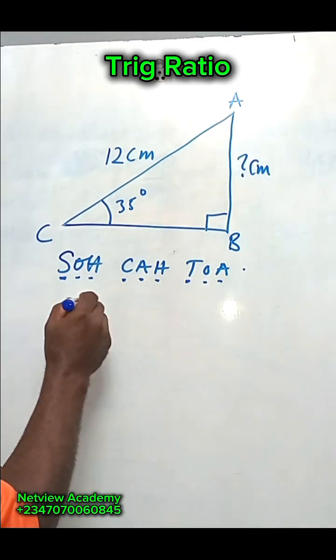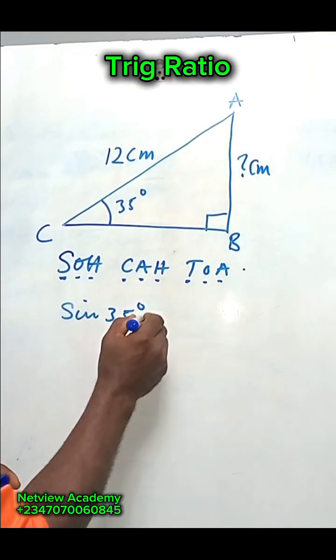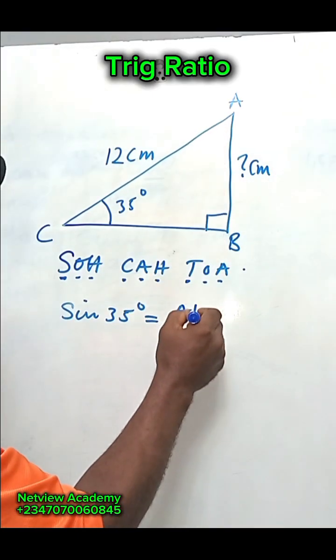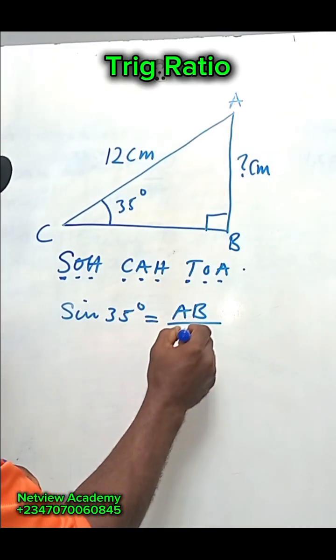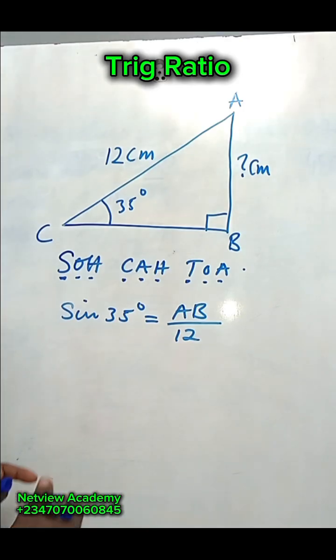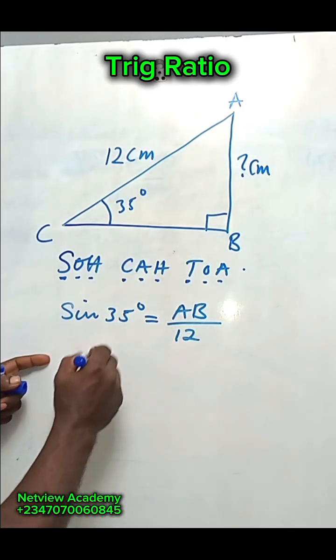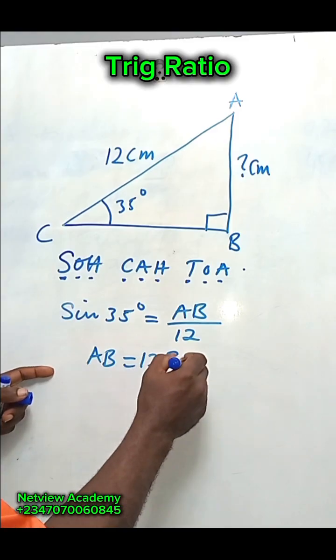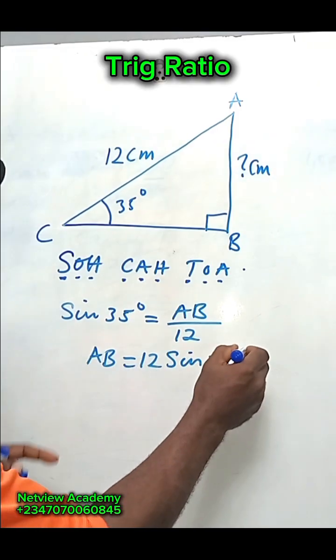Sine 35 degrees is equal to AB all over 12. And this is the same thing as AB is equal to 12 sine 35 degrees.